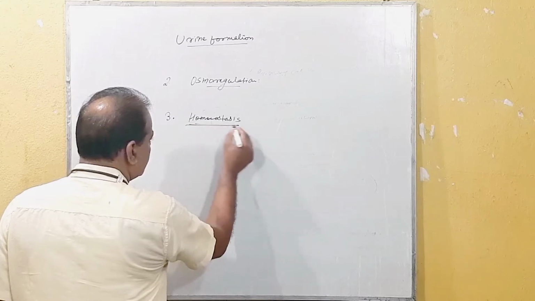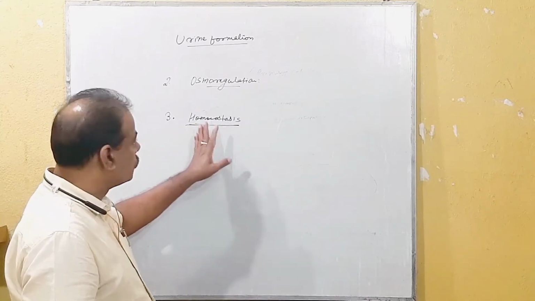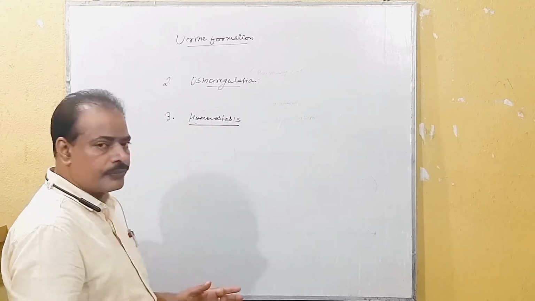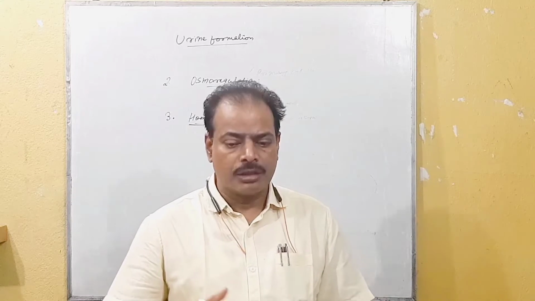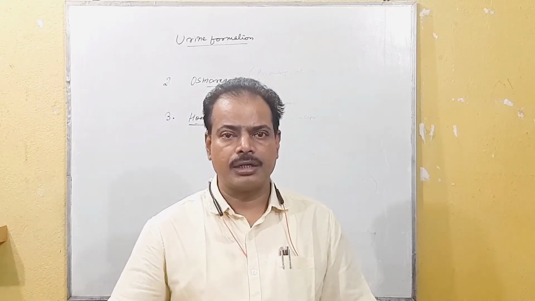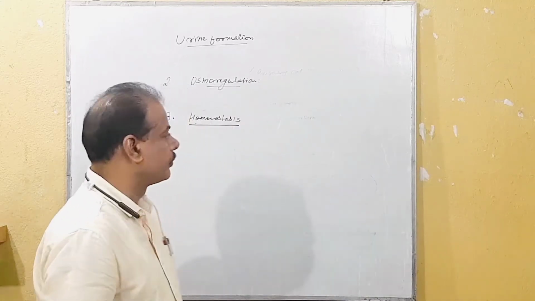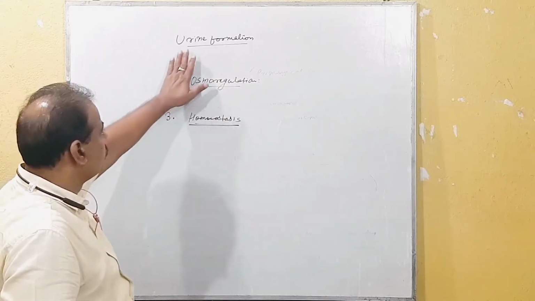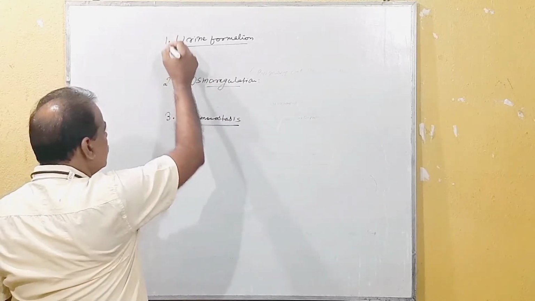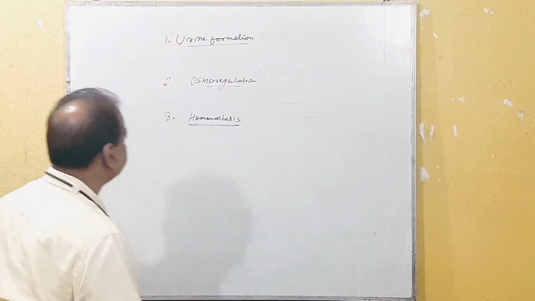Homeostasis is very important so that our body maintains an internal environment which helps in performing many metabolic activities, and in this way it helps in survival of the organism. So these are the three functions: first is urine formation, second is osmoregulation, and third is homeostasis.